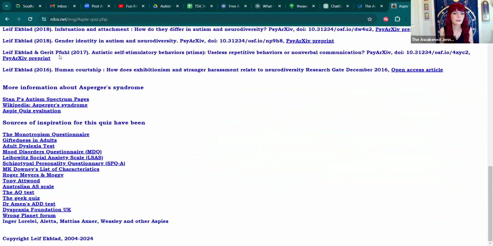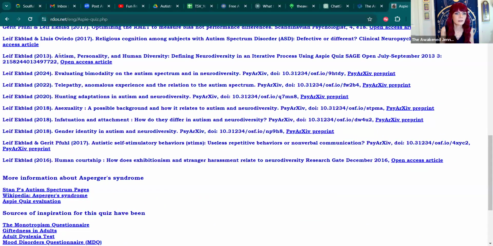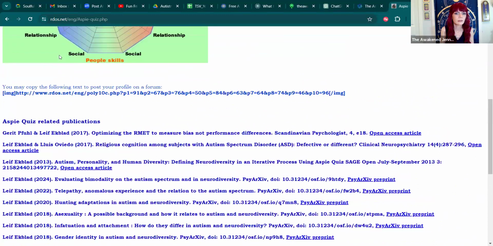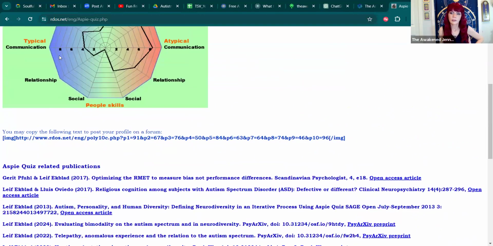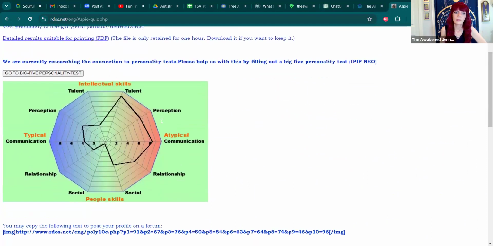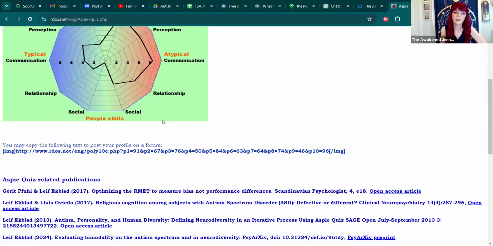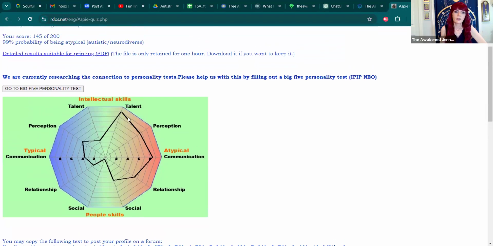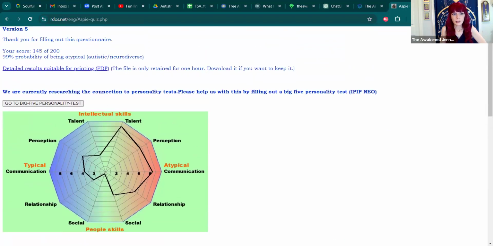Where is it showing me? Okay. Well, I'm just trying to figure it out. I'm guessing this is the neurotypical score. I'm 99% probability of being atypical autistic.